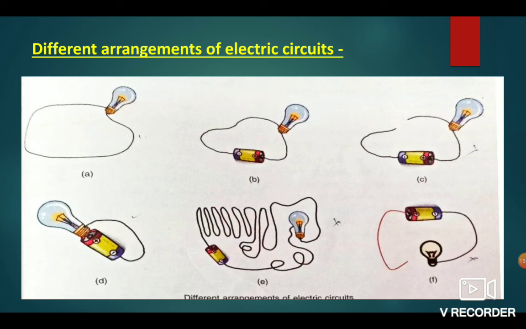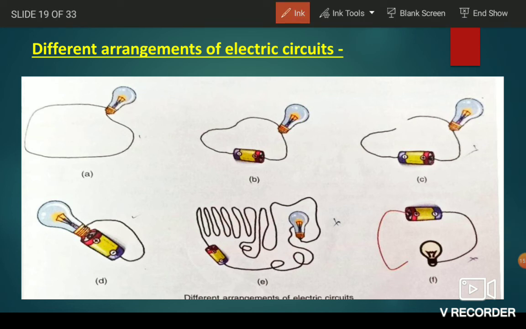Now here different arrangements of electric circuits are given. Let us think in which of these arrangements the bulb will glow. If we talk about the first picture, number A, will the bulb glow or not? No. Why? Because there is no source of electricity, there is no cell.